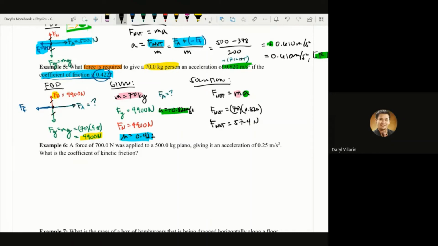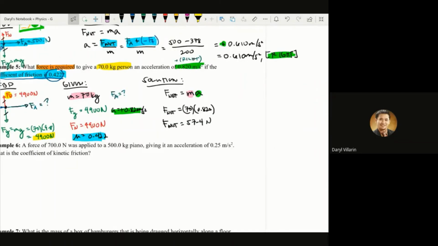But this is just the net force. What I'm solving is Fa. So how would I solve for that? Well, I can do that by expanding. I know that this F net here consists of several forces. So what are the forces that make up your net force?